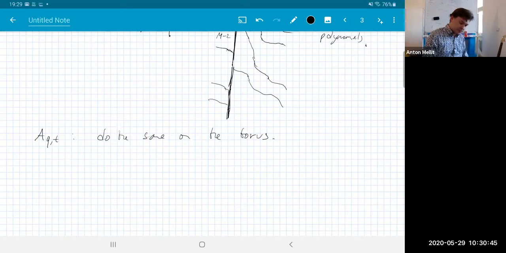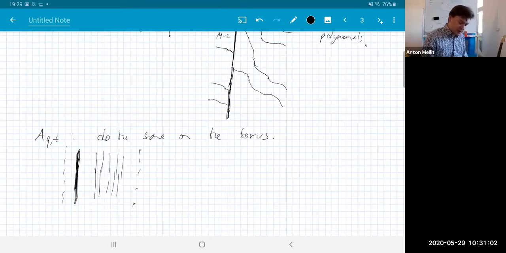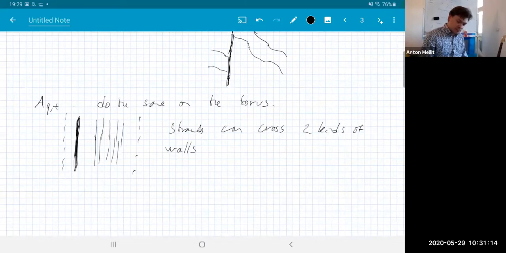One way to think about it is that strands can cross two kinds of walls: the old ones, and the other one, where you should imagine a wall in front of you on the other side of the blackboard.